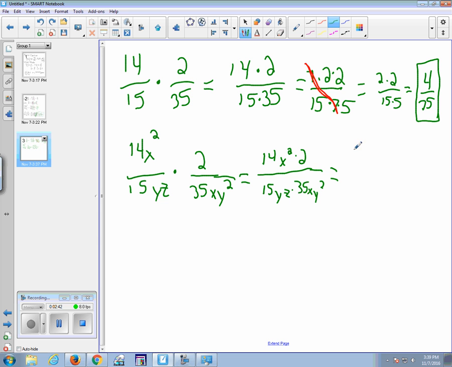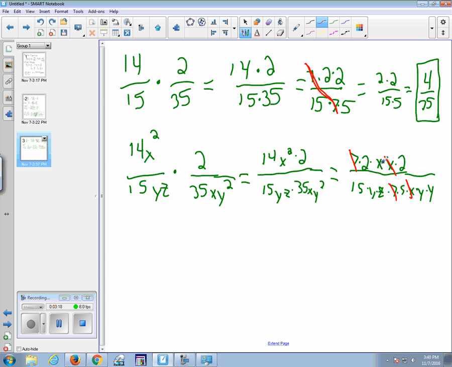Okay, so just like with numbers, I've got 7 and 2. And 15 is not going to help me anywhere else, so I'll just keep that as 15, times 7 and 5. And I'm canceling 1x with 1x, 7 with 7. That's it.